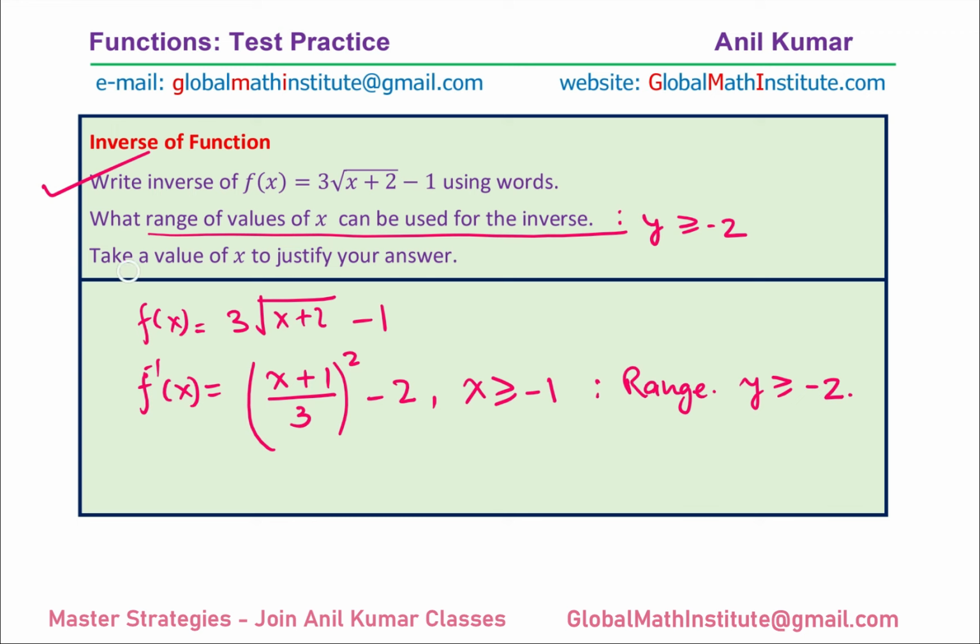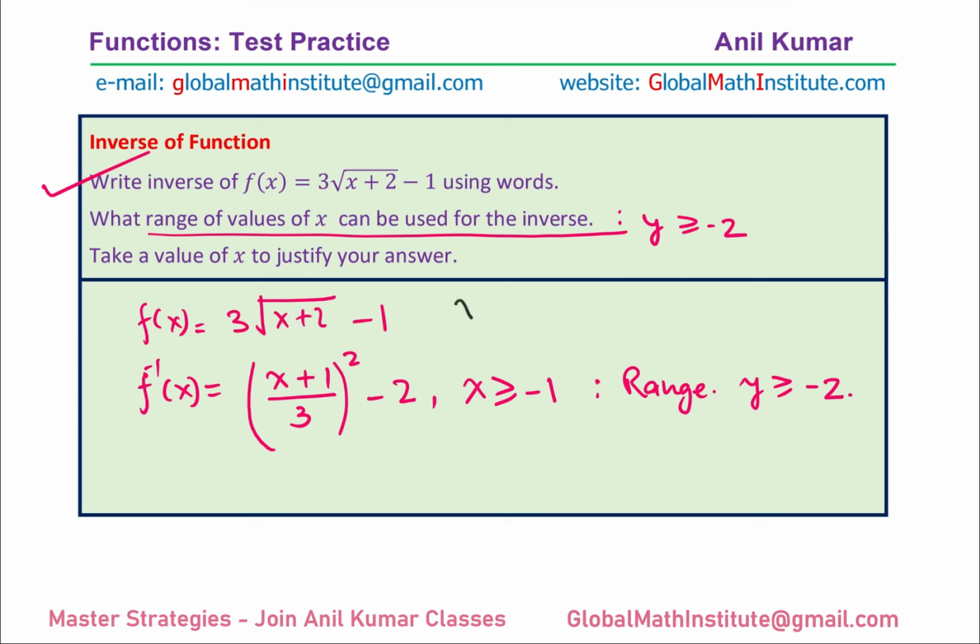Now it says take a value of x to justify your answer, right? So that is to say, if I take a value of x here, let's take a value which is valid, because this is a square root function, it will be a good idea to take x as, for example, 2.